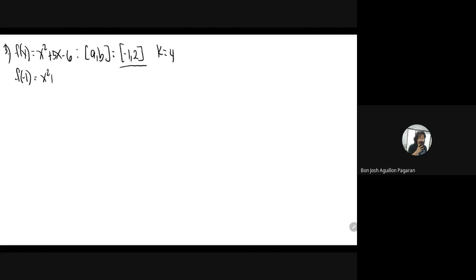That's x squared plus 5x minus 6. That will be negative 1 squared plus 5 times negative 1 minus 6. So that will give us positive 1 minus 5 minus 6. That's negative 10.